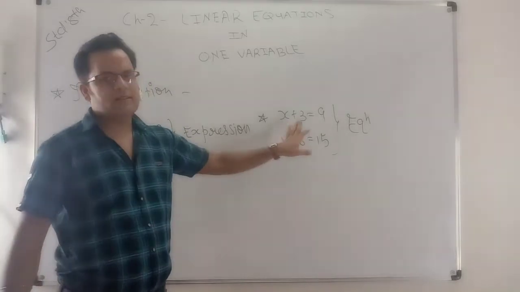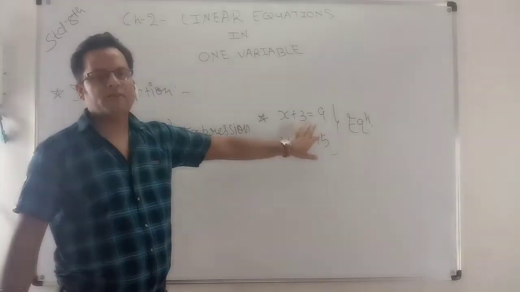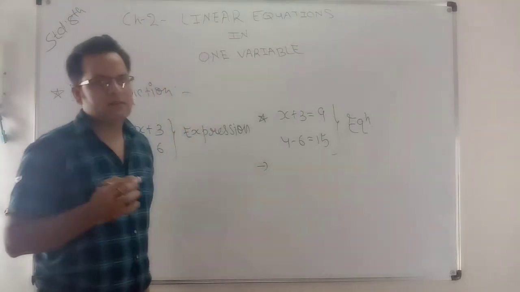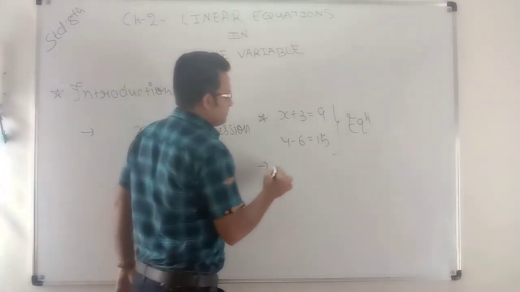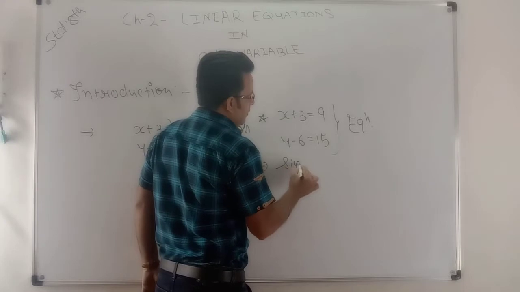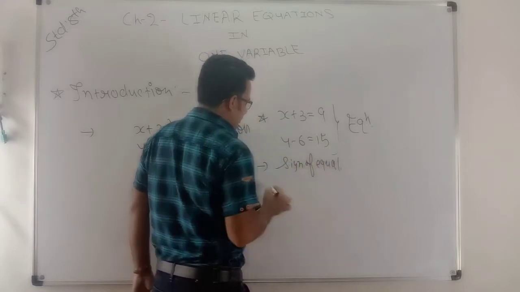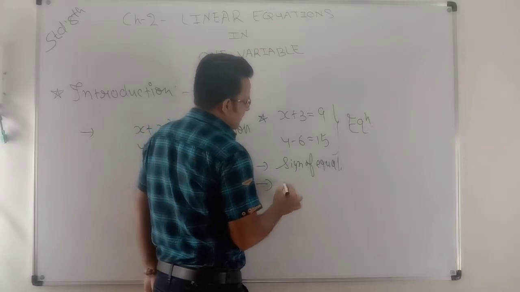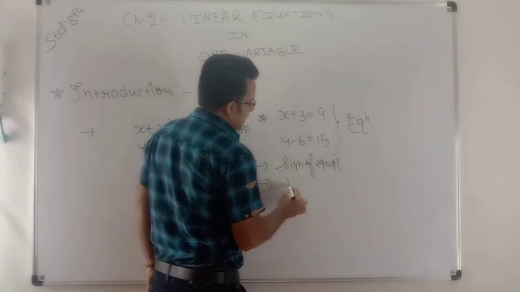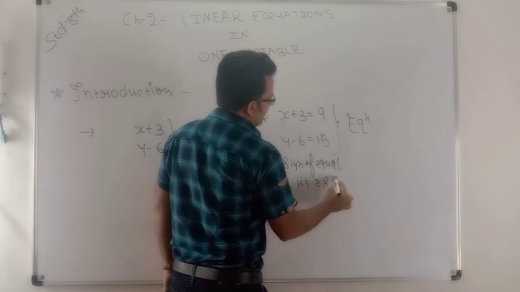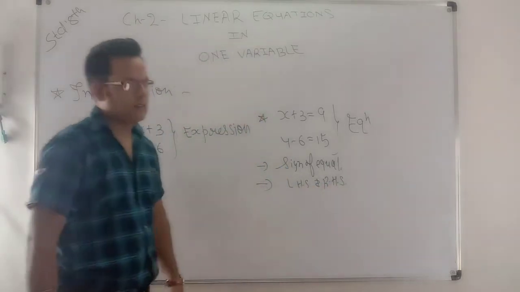You can see LHS, RHS and the sign of equal. So the requirements for an equation are, first, the sign of equal, and second, LHS and RHS, both sides.